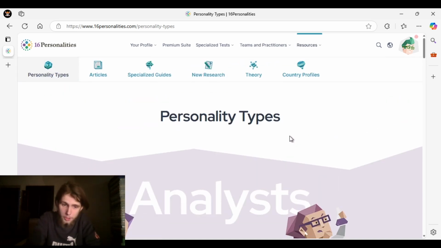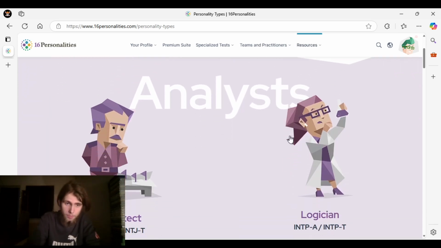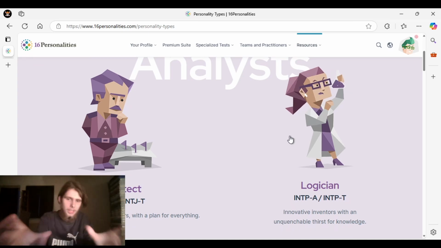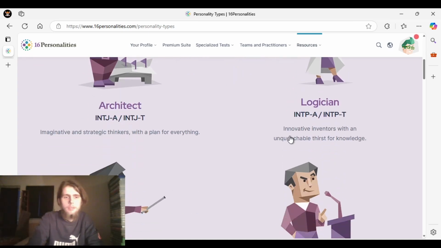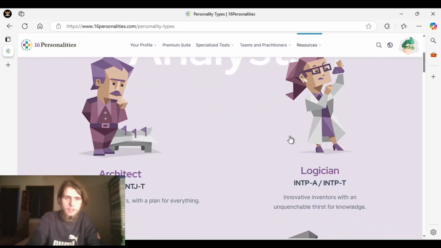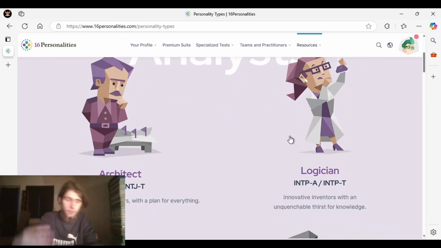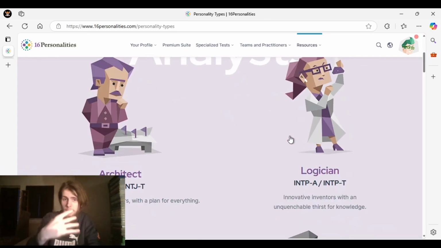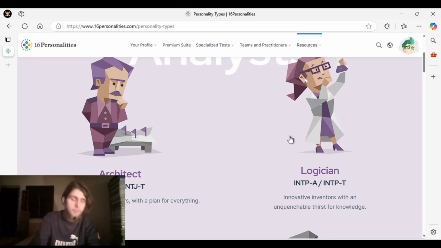The personality types that we have in front of us are the analysts. These are a group of personality types, and there are four of each of these categories.